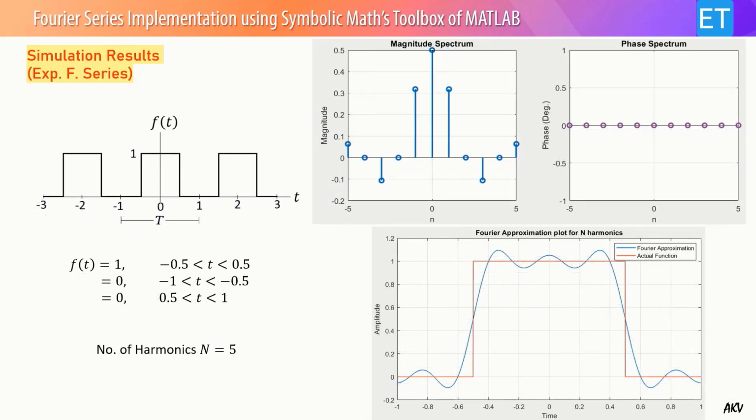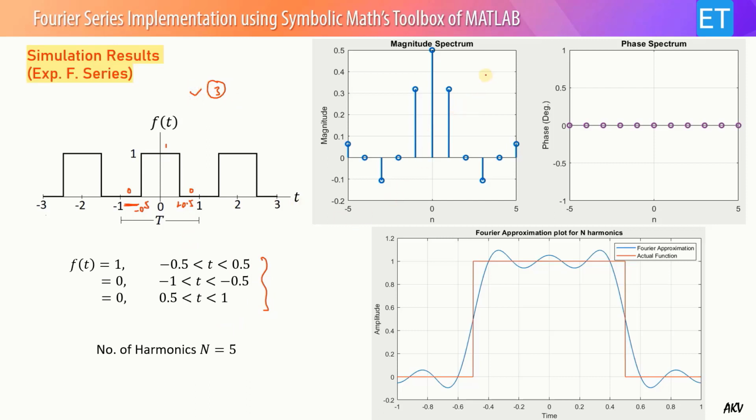Let me show you one more example. This is the example of 3 parts, choice number 3, where your input function is divided into 3 parts. The first part, minus 1 to minus 0.5, is 0, then minus 0.5 to plus 0.5 it is 1, and then plus 0.5 to 1 it is 0. So your function is defined in 3 parts, and you can use choice number 3.